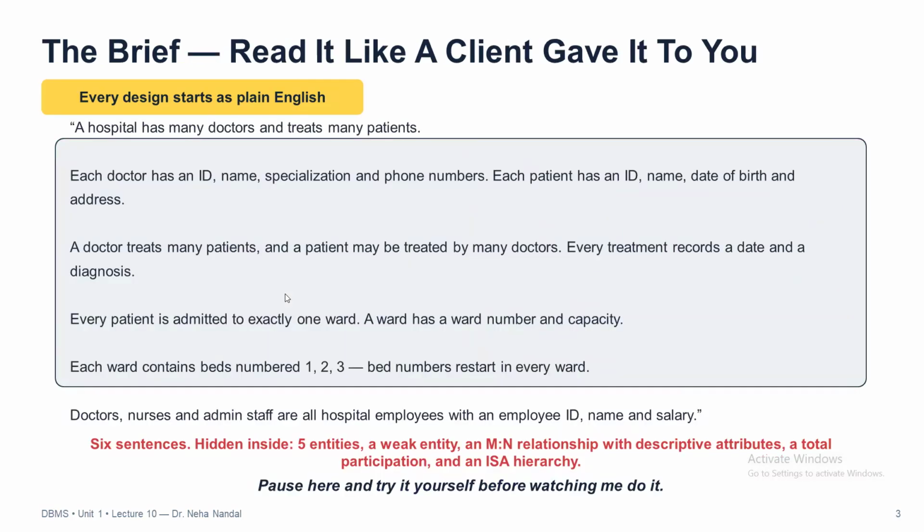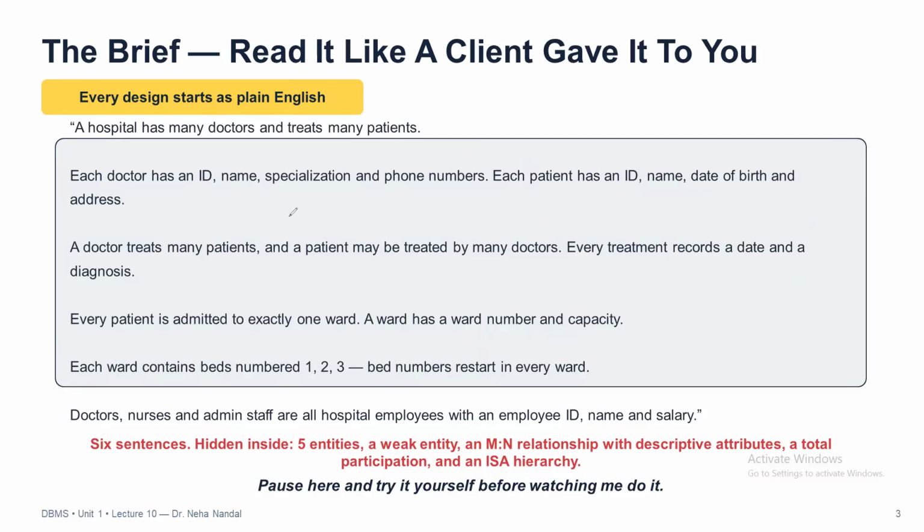So here first we have to understand the design. For every design we have to note down certain things first. What will a hospital have? I have noted it down for you. A hospital has many doctors and many patients get treated there.